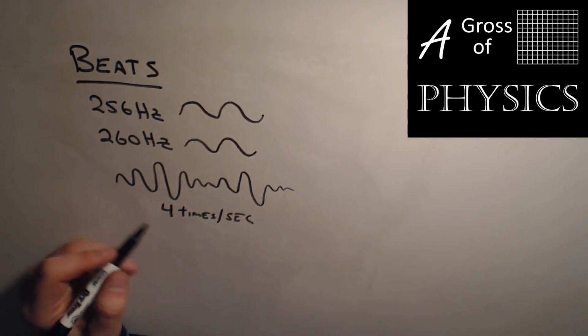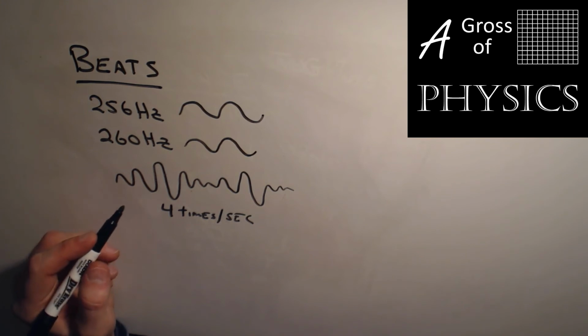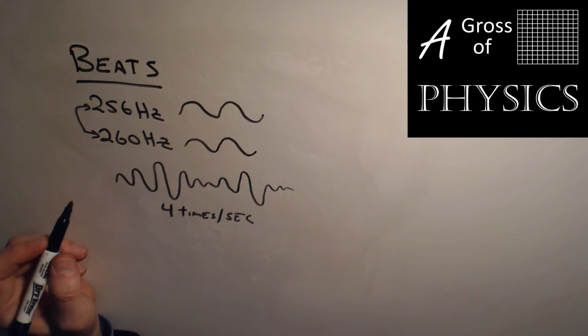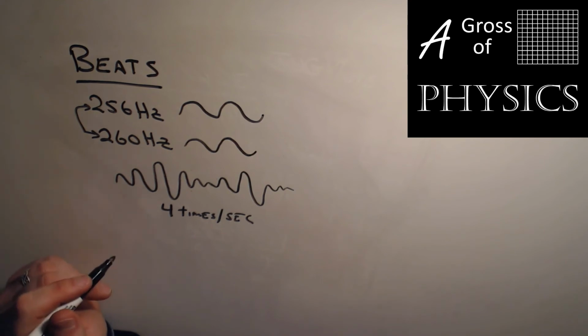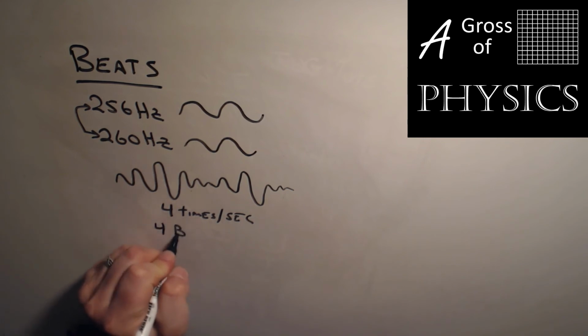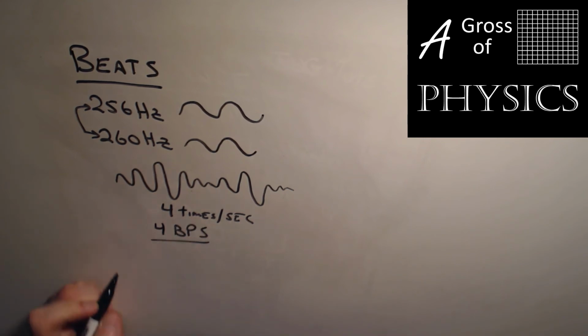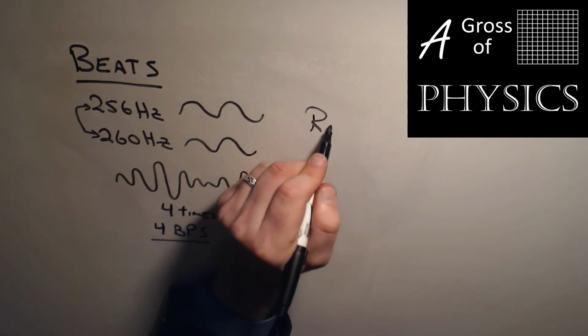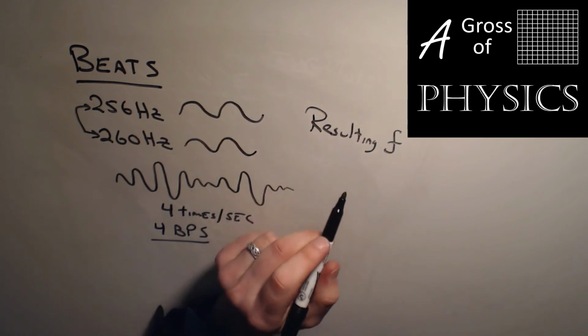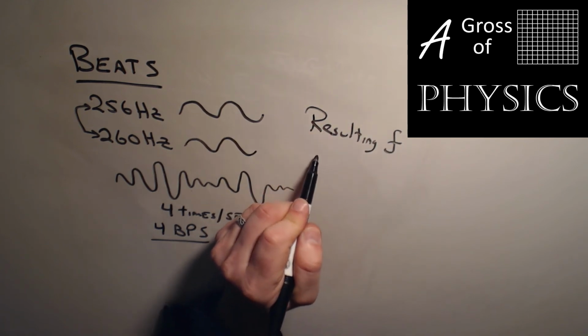So in order to figure out the number of beats you would hear, you would subtract the two. So 260 and 256, you would hear 4 beats per second, BPS. Now the resulting frequency of that sound is the combination of the two, the average.